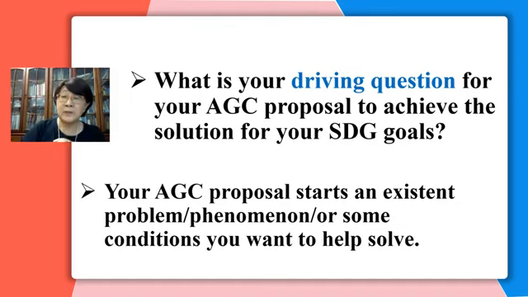So this is basically our hope that through this online PBL 101, we can help you understand more about how PBL can help improve the quality of your agency proposal.